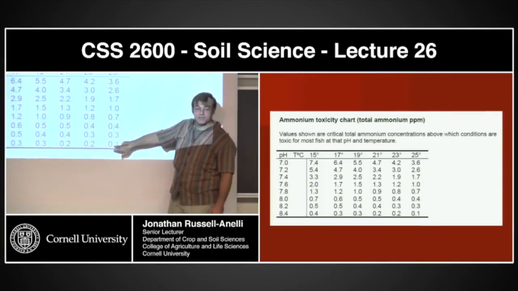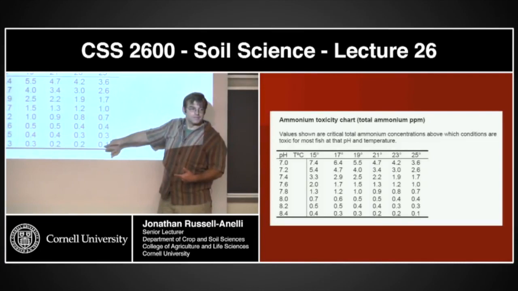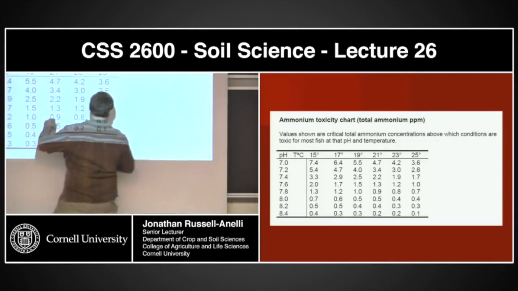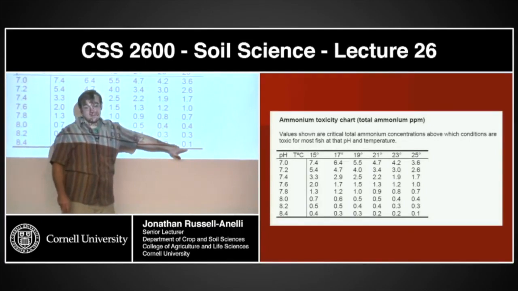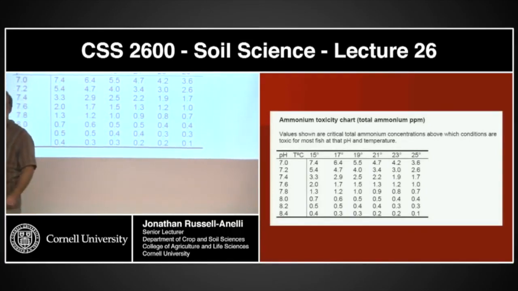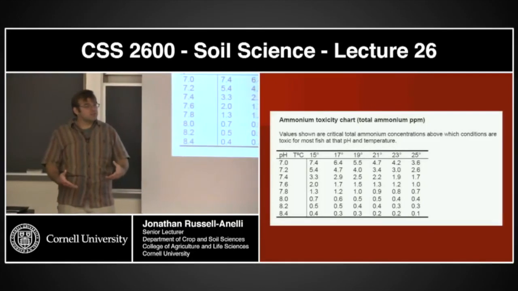Now, this would be really low from a nutrient point for the plants if it was in a soil, but this is really high for the toxicity of fish. Compared to this, yes, this is a lower number than that, but that's a high toxicity at a very low number. Does that make sense? The consequence of that nutrient cycle.